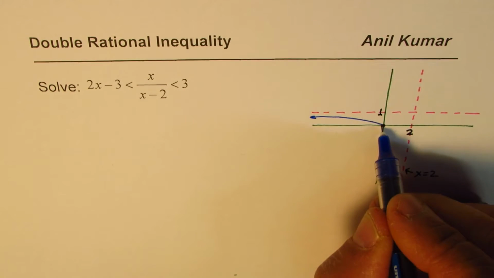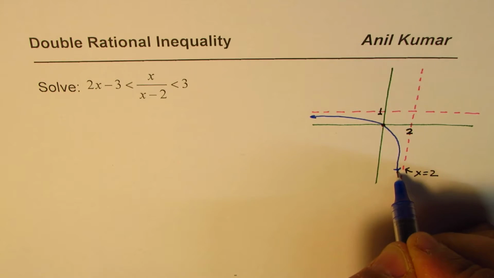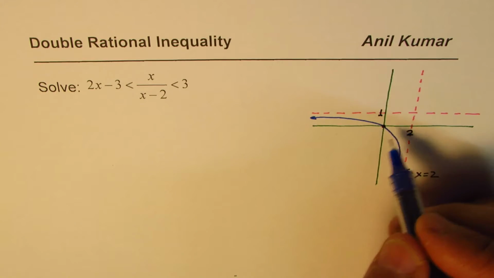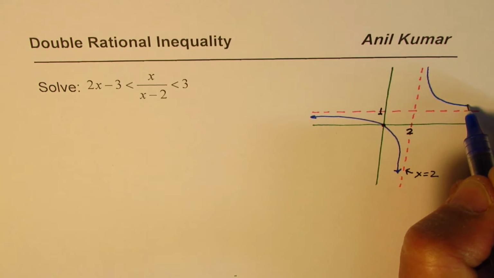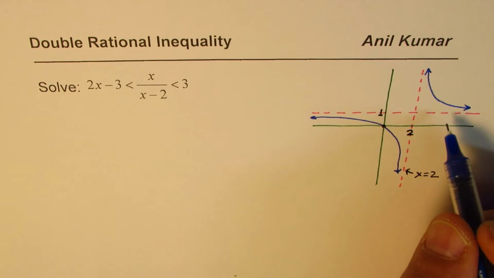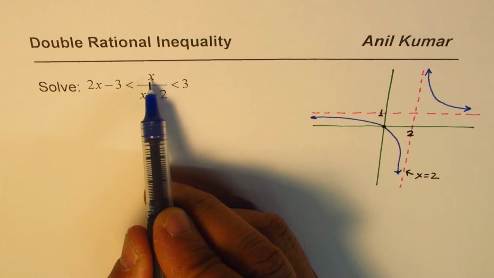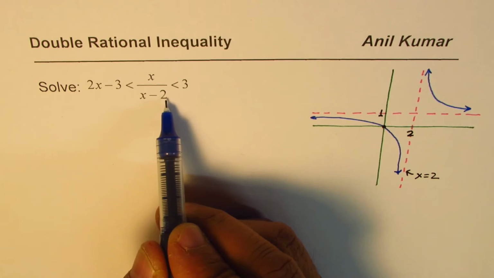Is it okay? Now these quick sketches are very important to check the answer, at least if you're not solving like this. And these functions do have a symmetry. We'll have a graph like this, right? You can always take a value 3, for example. If I take 3 here, then I get 3 over 3 minus 2, so I get 3.